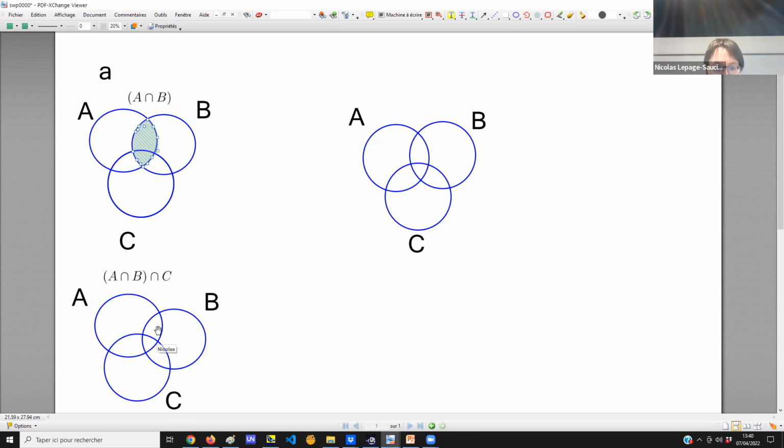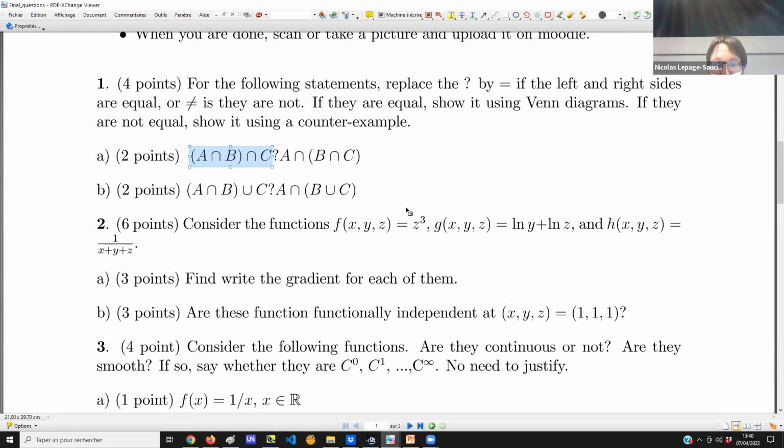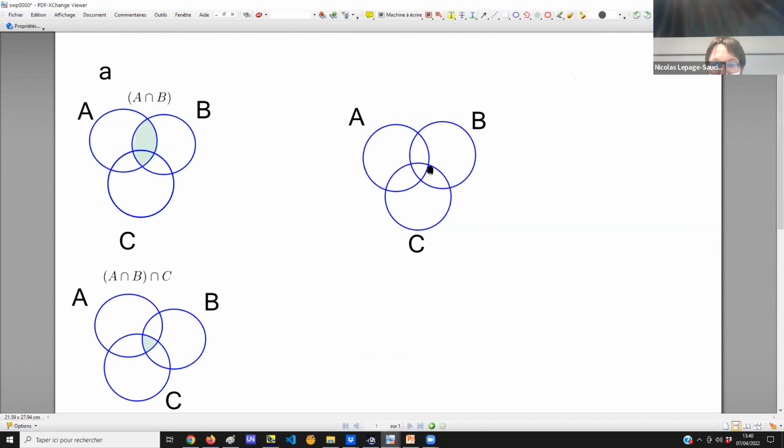So then that's this blue plus enter this one, so I get the center. And then the second one is I start with B inter C.